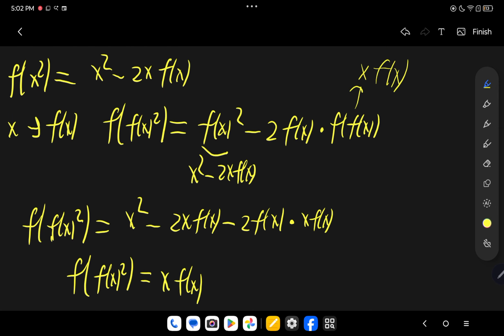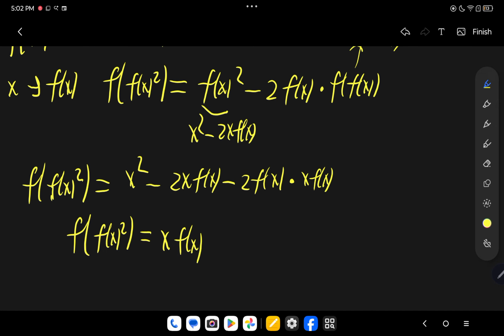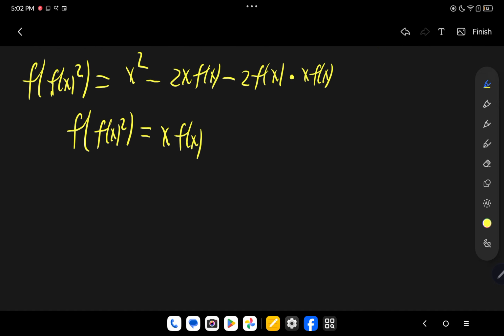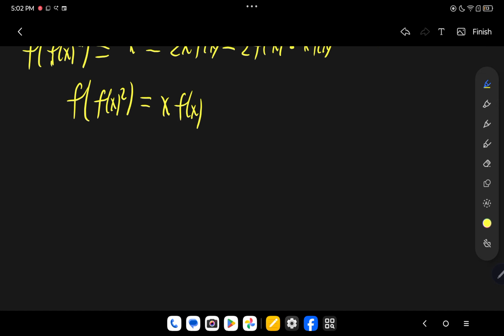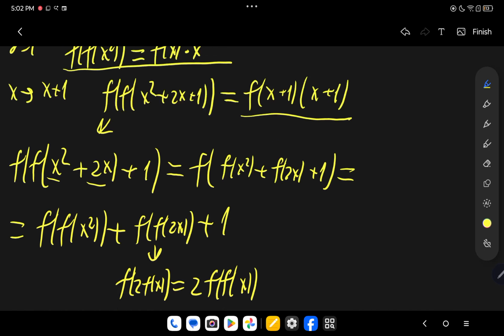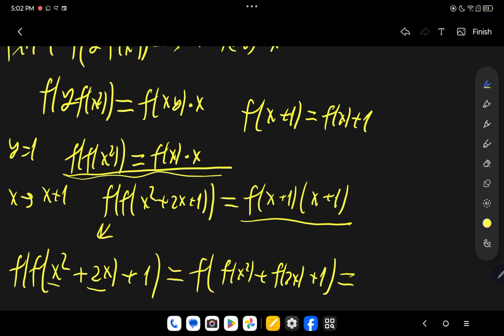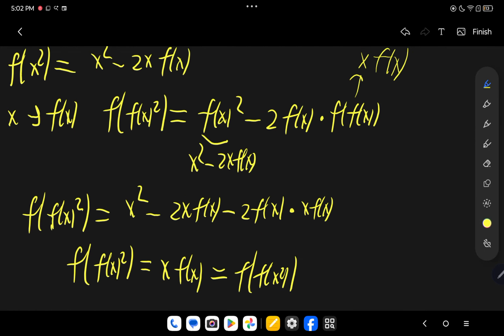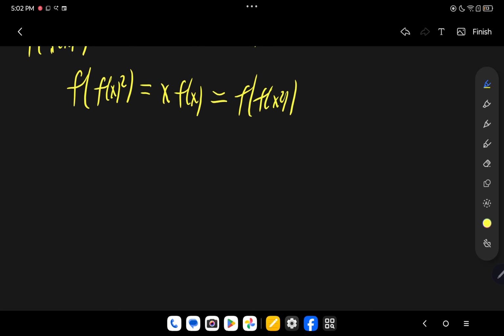Yep. So this means also we know that this is equal to f(x) square from here, right here. So since we know that f is injective also, we get f(x square) is equal to f(x) square.